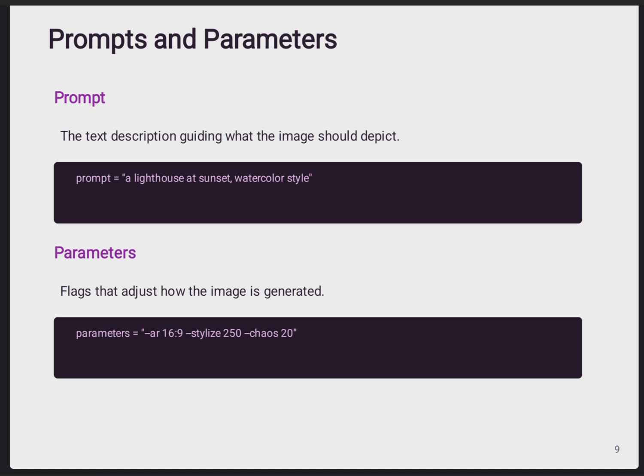Prompts and parameters. Prompt: the text description guiding what the image should depict. For example, a lighthouse at sunset, watercolor style. Parameters: flags that adjust how the image is generated, such as 16:9 aspect ratio, stylize 250, chaos 20.